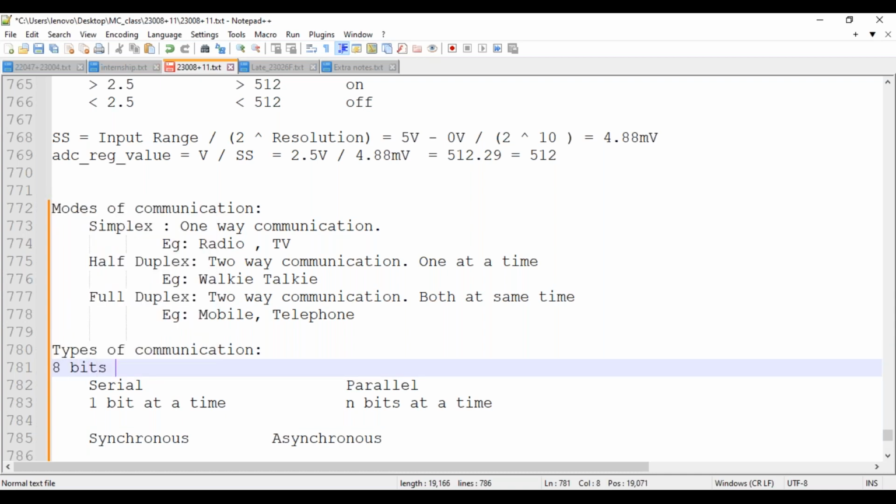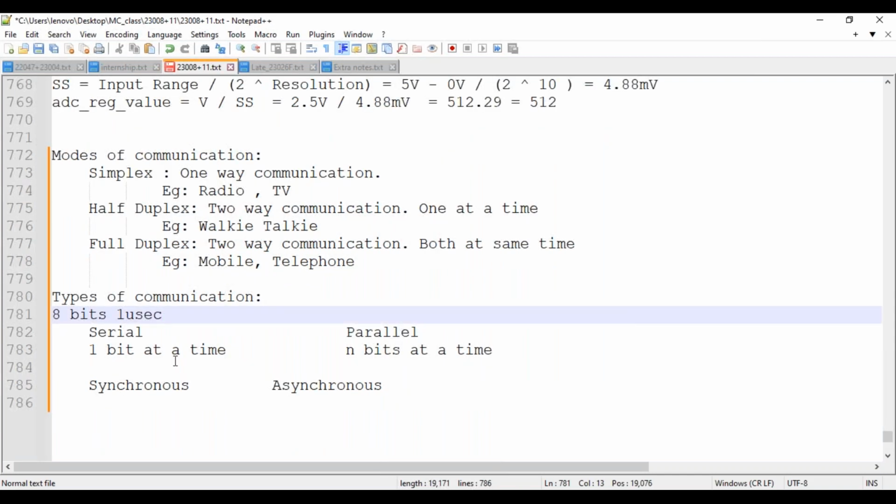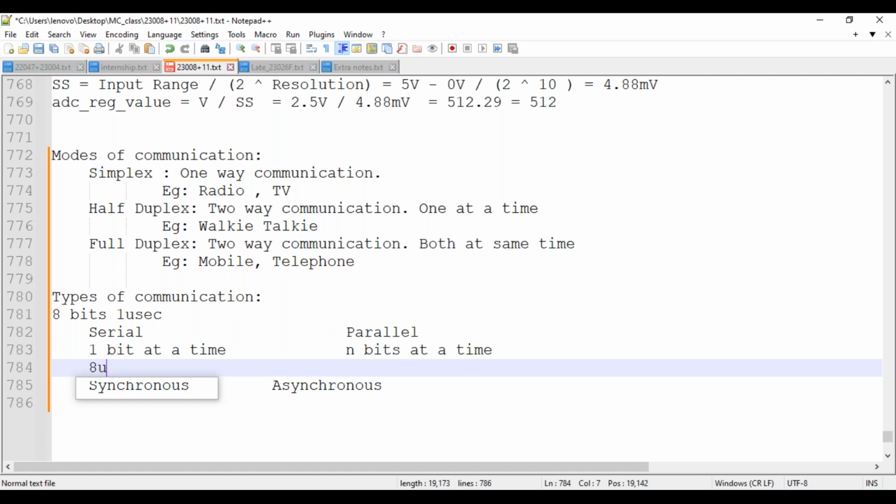Assume the time constraint is 1 microsecond at once. If it is serial communication, how much time is it going to take to transmit 8 bits of data? Yes, it is going to take 8 microseconds to transmit 8 bits of data.